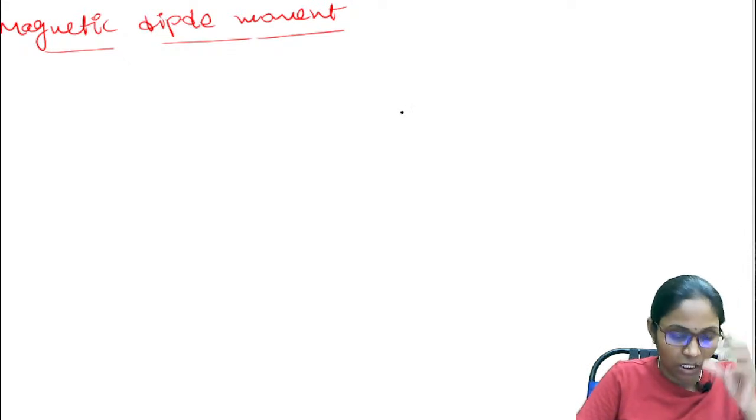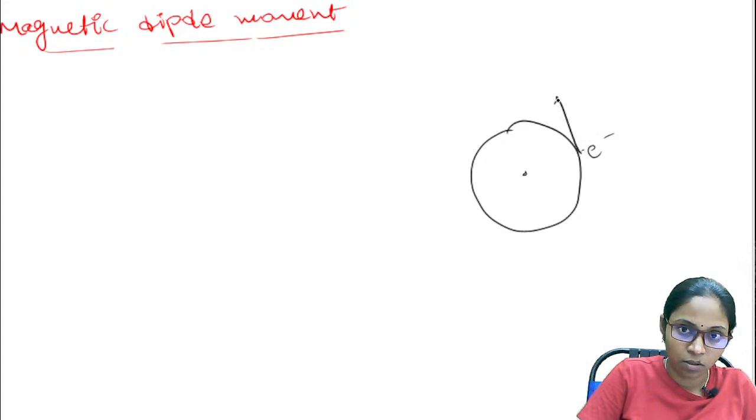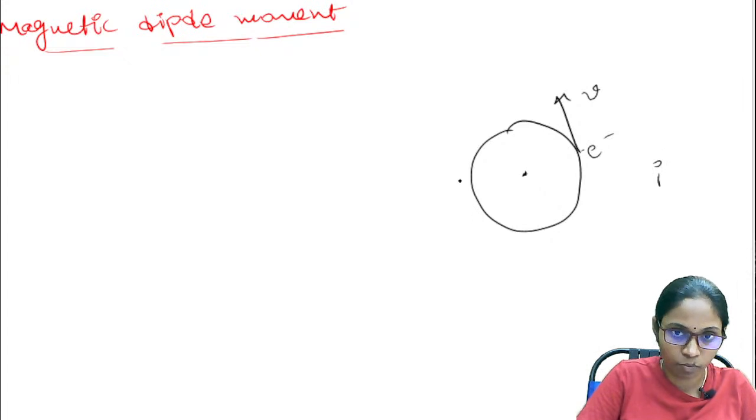As we know, an electron revolves around the nucleus in circular orbits with velocity v. Because of the motion of the electron, we will have a current I in this orbit.